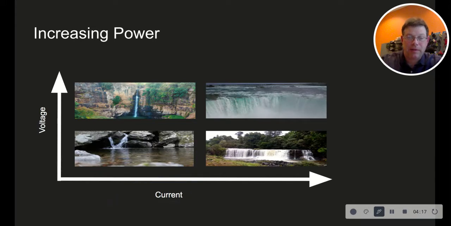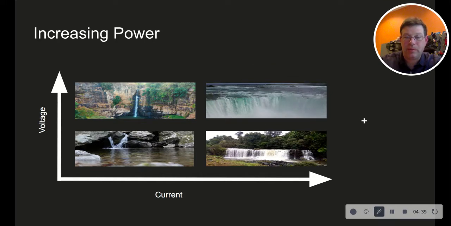The product of the two of these gives the power. And so when we start here at the bottom with the small waterfall, this is a situation of, again, low current, low voltage. And at the far edge of the graph, Niagara Falls, here we have high voltage and high current.